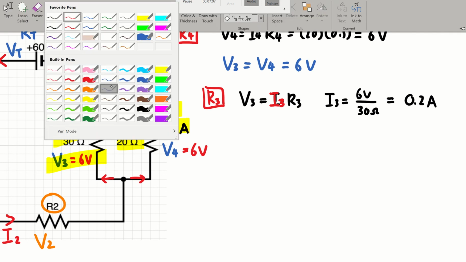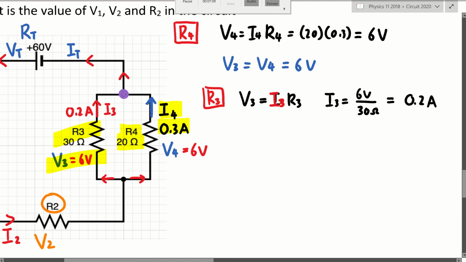Wait. There is a junction point with only one unknown. Now, see, I3 and I4 are going in. Okay, I3 is going in. I4 is going in. I total is coming out. So I only have one unknown in here, according to what we call the junction rule.